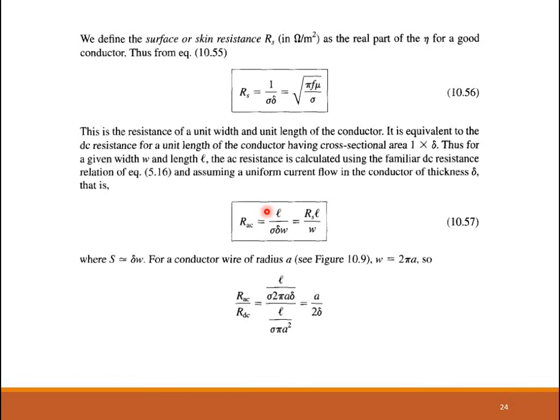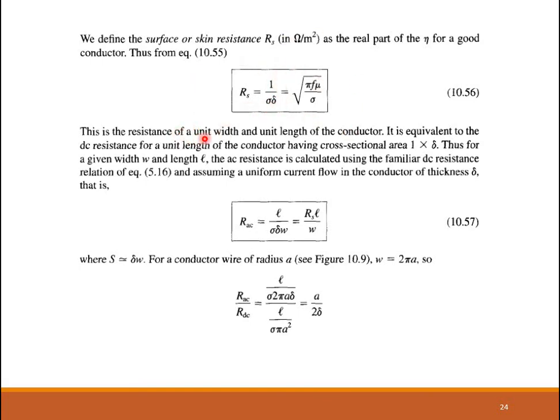Now we're particularly going to define surface or skin resistance. The unit is ohm per meter square. Okay, and this is defined as the real part of the intrinsic impedance for a good conductor. Intrinsic impedance is measured in ohms, and the real part of the intrinsic impedance for a good conductor is defined as surface or skin resistance RS. So in place of L, I'm going to write it as 1. That means, how can you define this?